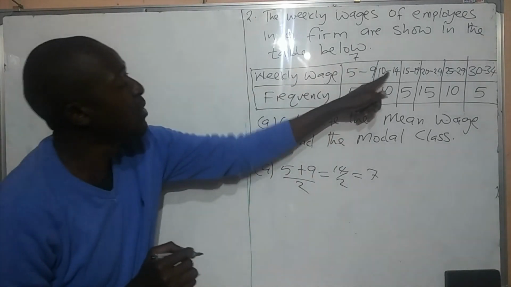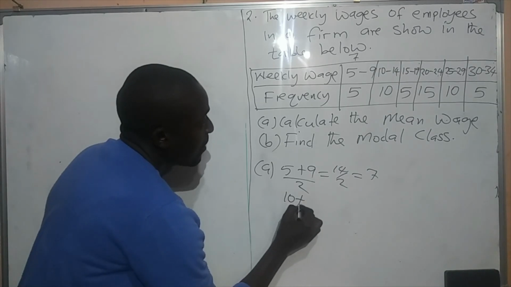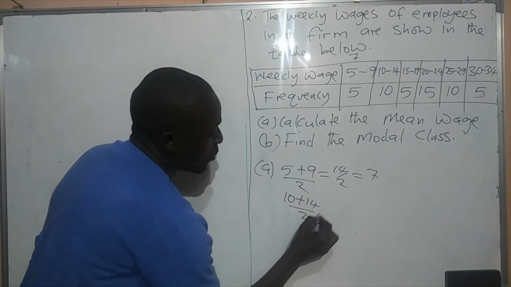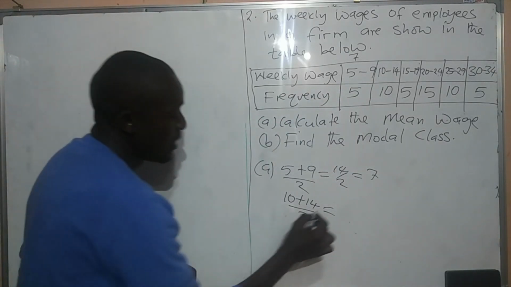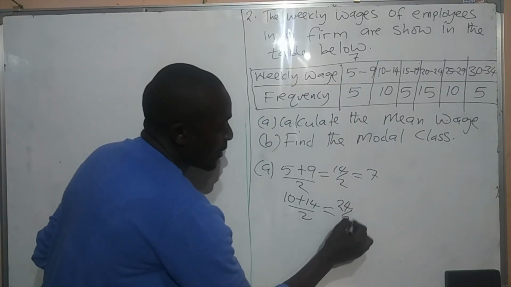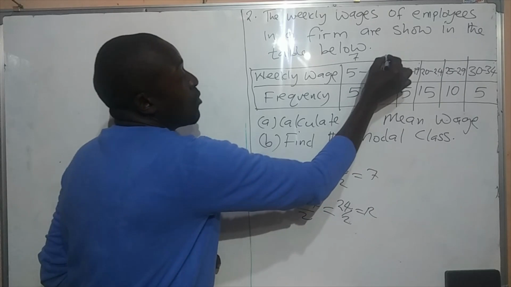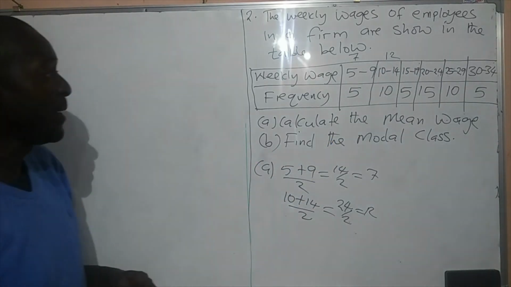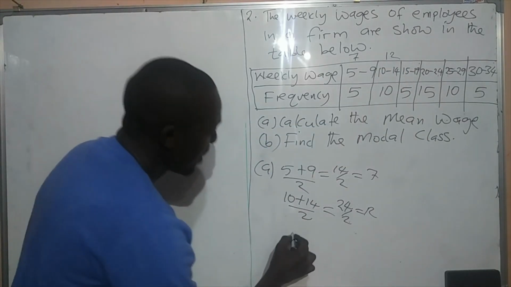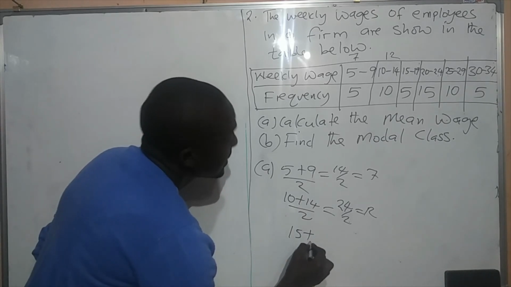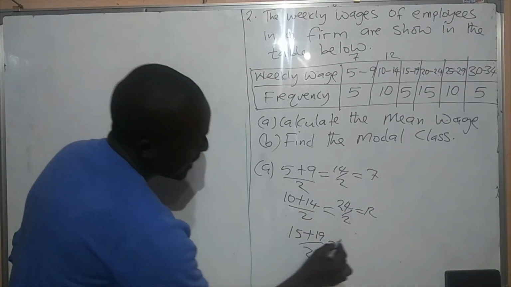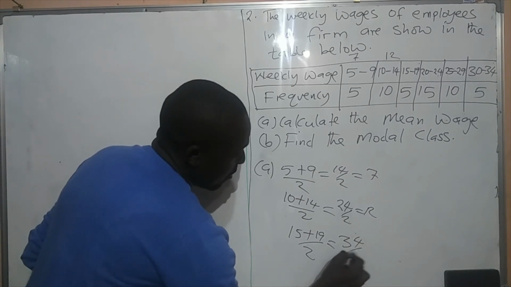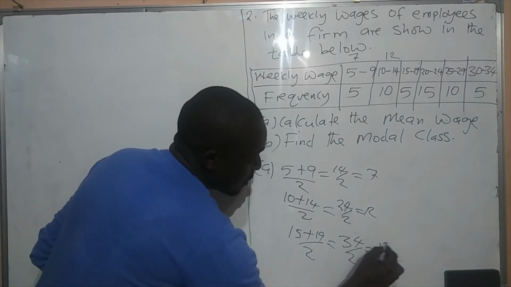Then the next one, you do the same. 10 plus 14 over 2. So you add the two numbers and you divide by 2 for all of them. Then you are going to have 24 over 2, which will give you 12. Then the next one, 15 plus 19 is 34 over 2, which will give you 17.